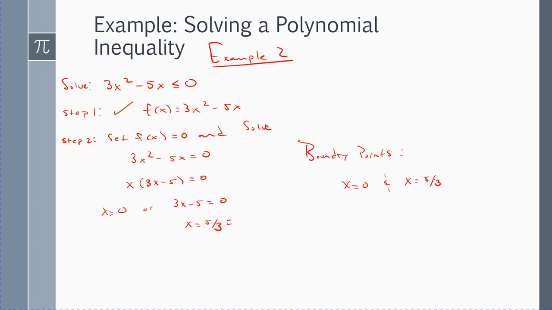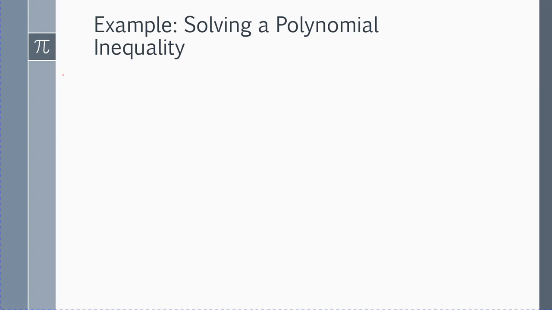And so what you're going to do again, just like I did before, is you're going to use your boundary points, and you're going to carve up the number line, okay? And then you're going to use that to find intervals and then pick test values of those intervals. So step 3, the number line, okay?